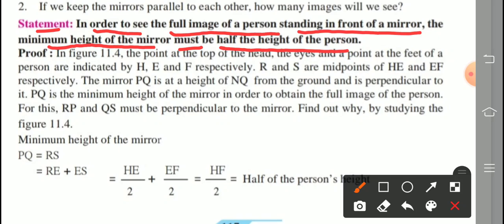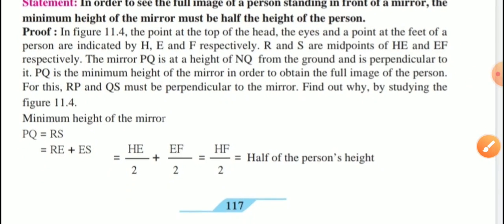Suppose the height of a person is 150 centimeters. What height of mirror is required? What is half of 150? 75. A mirror 75 centimeters high is required when the person observes his own image in a mirror.